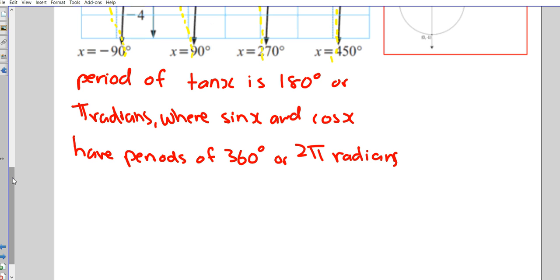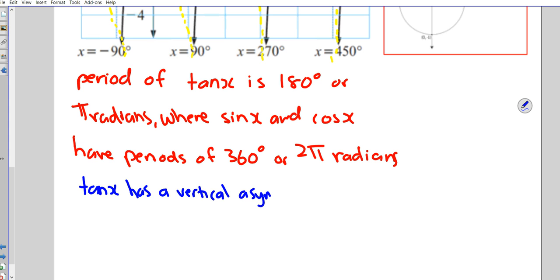Tan x has vertical asymptotes every 180 degrees. If it's just a regular tan x, it has a vertical asymptote every 180 degrees or pi radians.